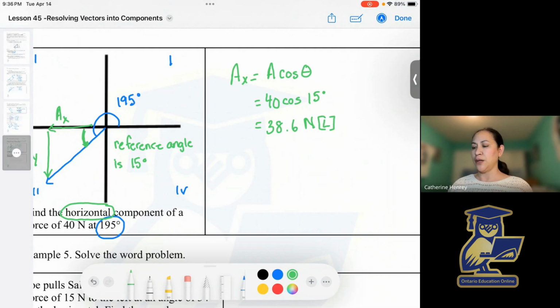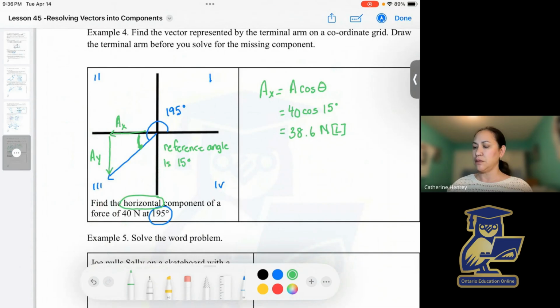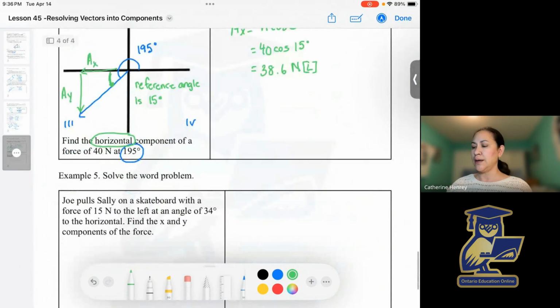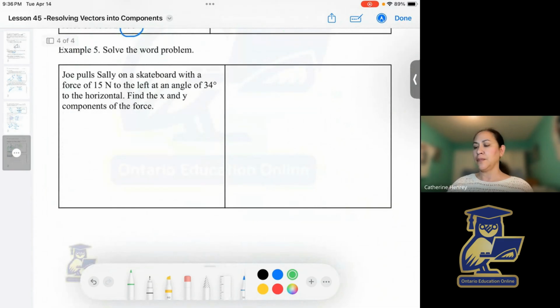So there you go, how to put a vector onto a set of coordinate axes and find reference angles by drawing terminal arms. And the final thing that we will take a look at is a word problem. And of course, just like we've been doing with all of these components, drawings really help. So Joe pulls Sally on a skateboard with a force of 15 newtons to the left at an angle of 34 degrees to the horizontal.